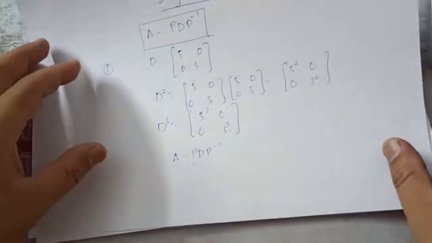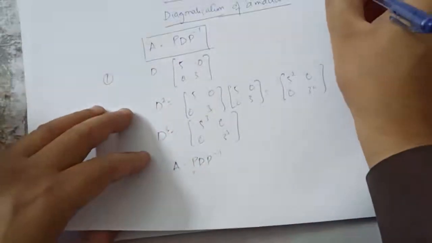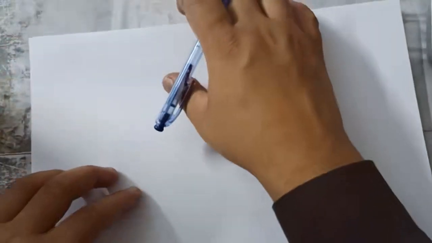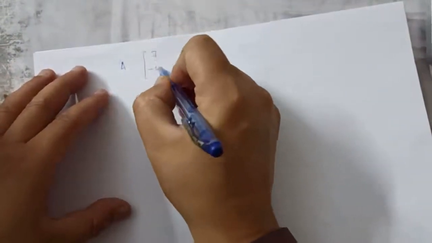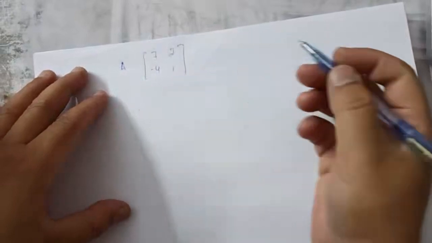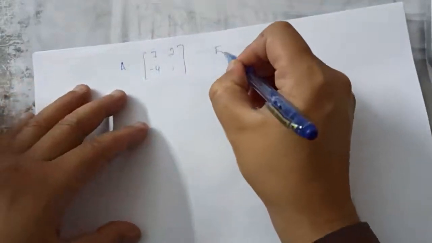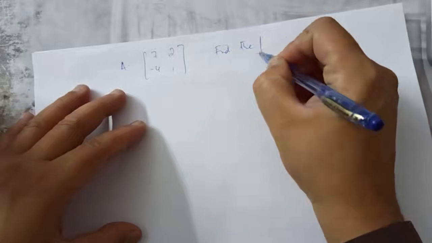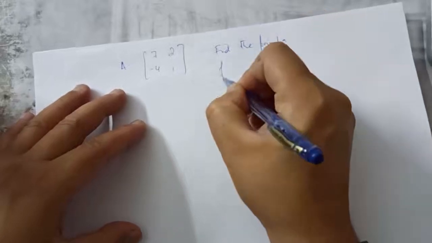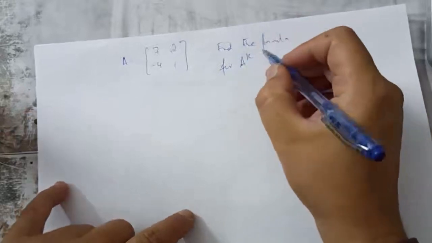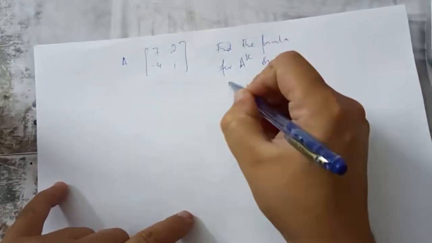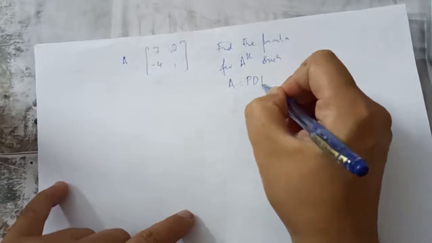Let's do another example to illustrate how diagonalization helps in calculating the power of a matrix. If A is, let's say, 7 minus 4 2 and 1, you have to find the formula for A to the power k, such that A is similar to D, which is PDP inverse.